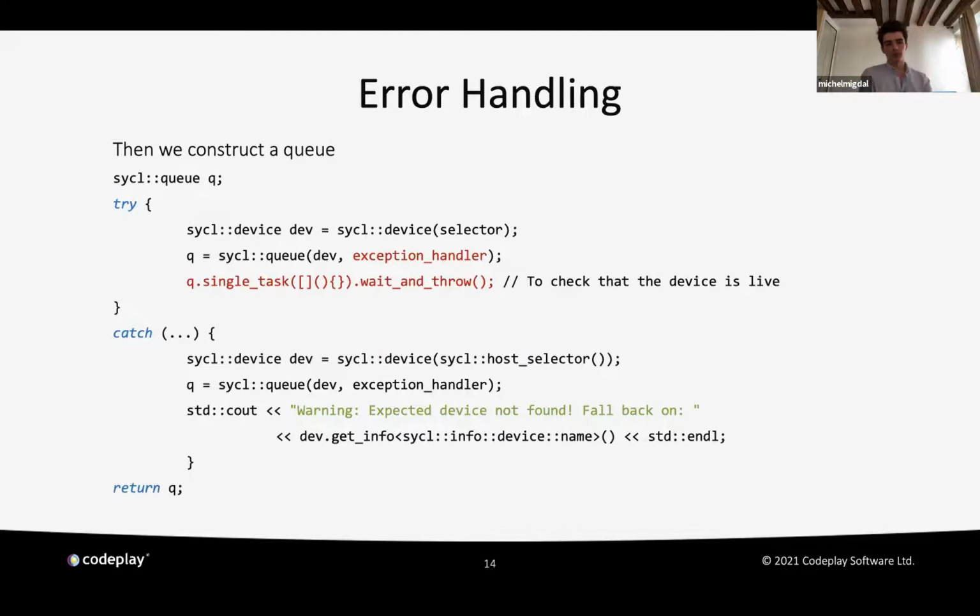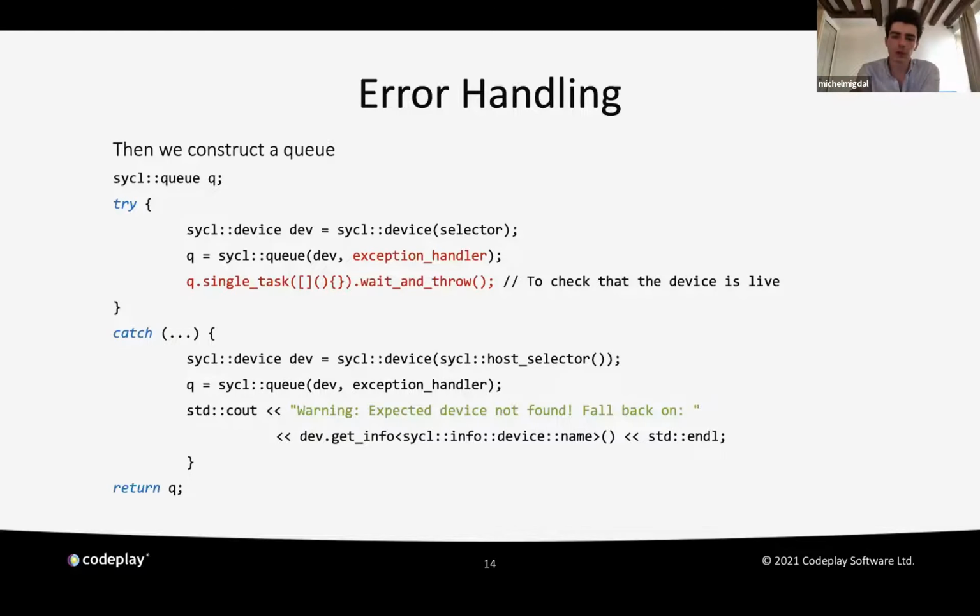Then once you've got that, you have to create a queue, just by calling the queue constructor. This is why we are using a try-catch block, because it can fail. I also discovered that in DPC++, and it is in the spec, you can create a queue and it can be reported as valid, even though no bytecode was generated for the device.